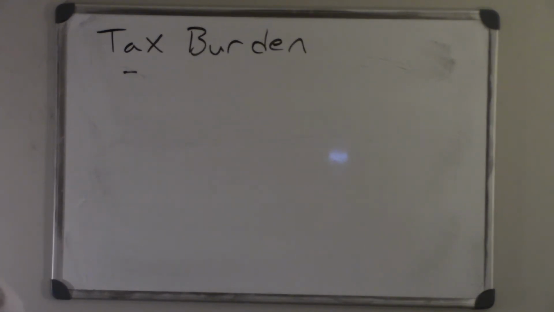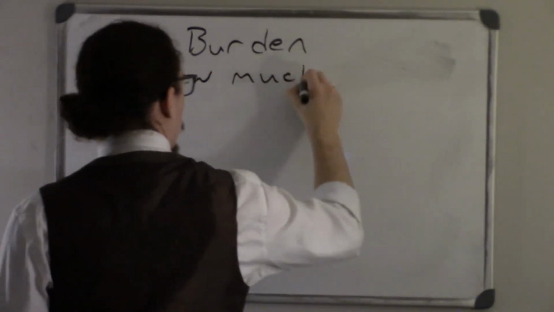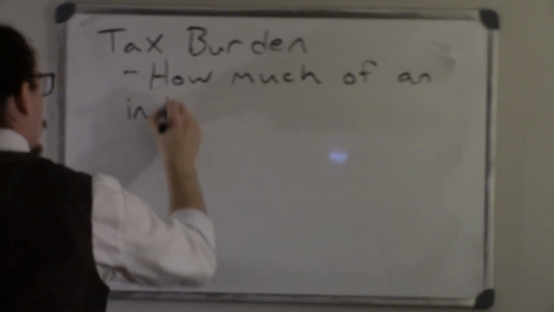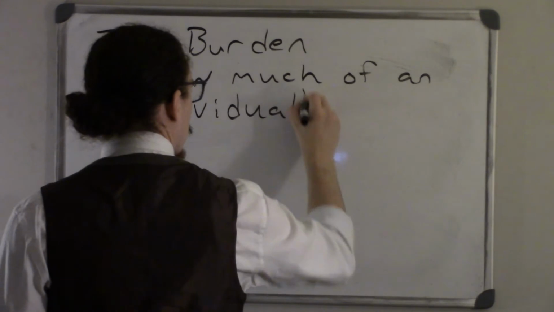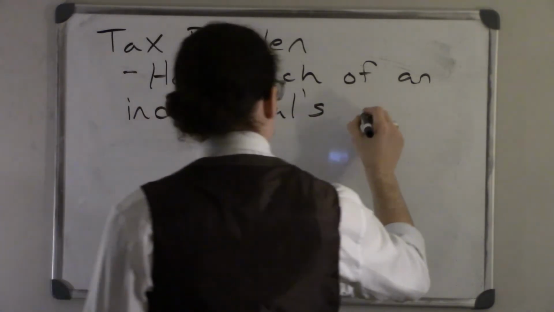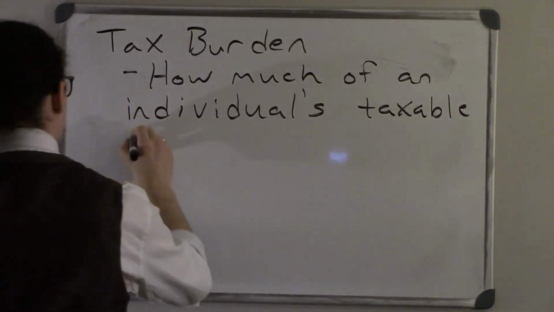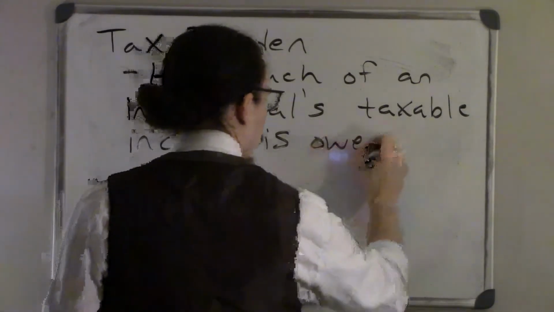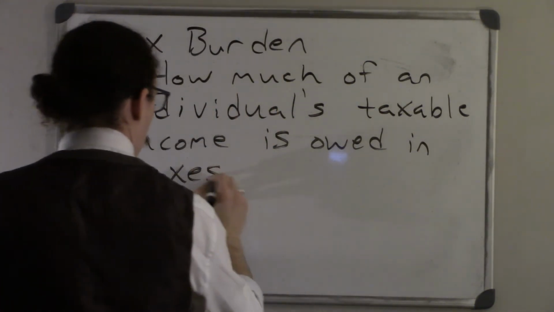And then based off of that taxable income, we're going to find the tax burden. So our tax burden is how much of an individual's taxable income is owed in taxes.